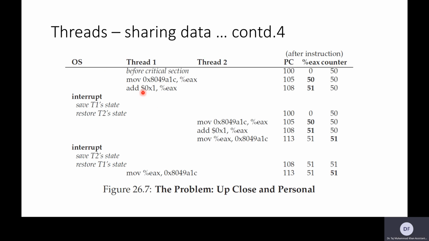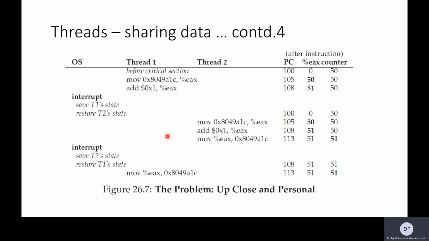Here, counter = counter + 1 is the critical section of our code, which is basically these three instructions: move, add, and move. Thread T1 is in its critical section, and before T1 finishes, thread T2 starts its critical section.